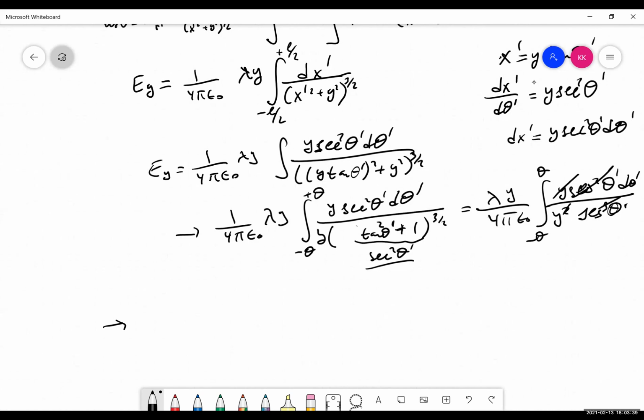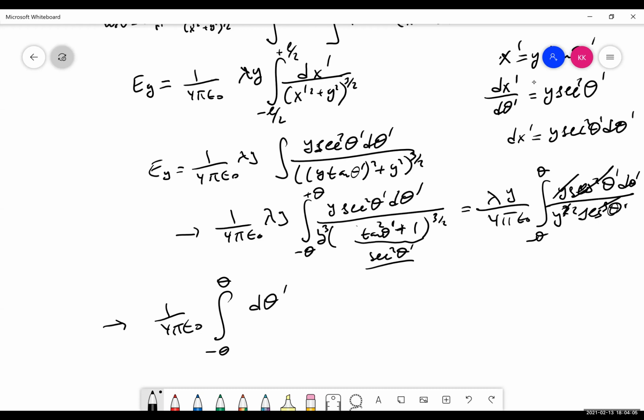So I end up with 1 over 4 pi epsilon naught from negative theta to theta. The only thing that basically survives at the top is d theta prime. By the way, this was y cubed. Let me make sure that I'm doing it correctly.